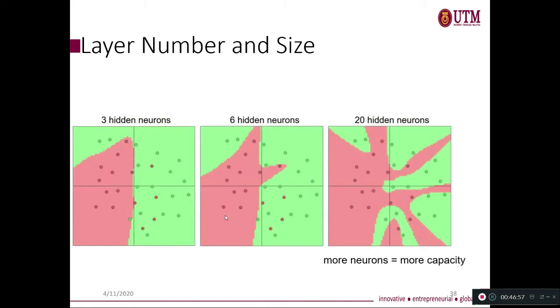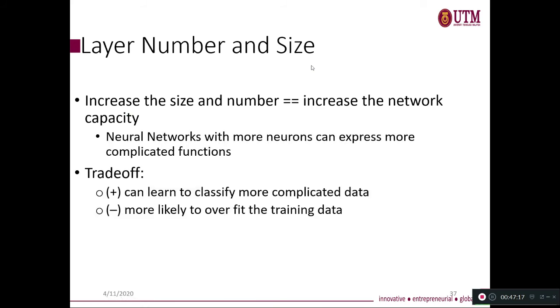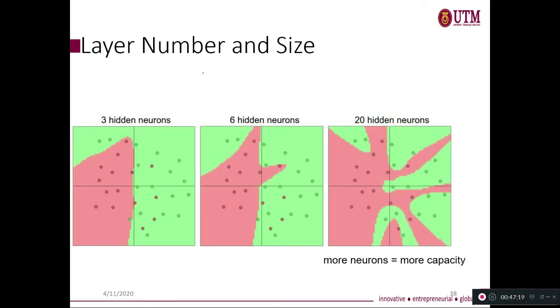This is another effect of introducing several numbers of hidden neurons. You still have three layers: the input layer, hidden layer, and output layer, but we just vary how many neurons are inside the hidden layer.